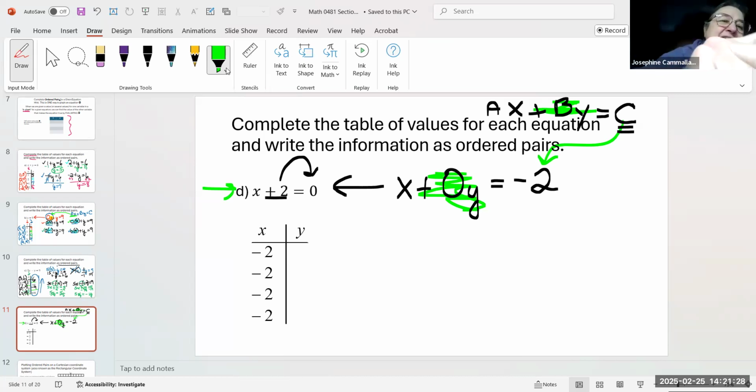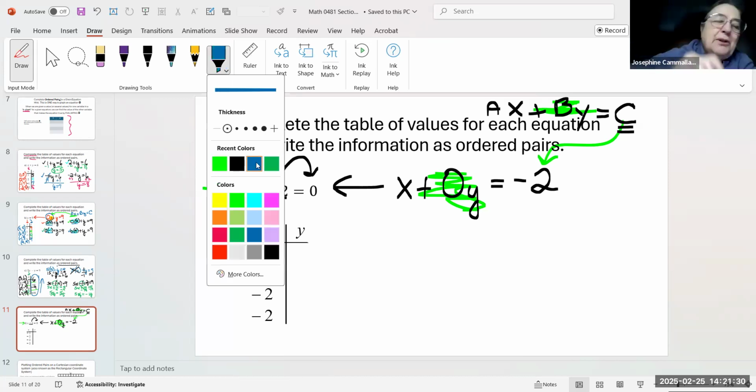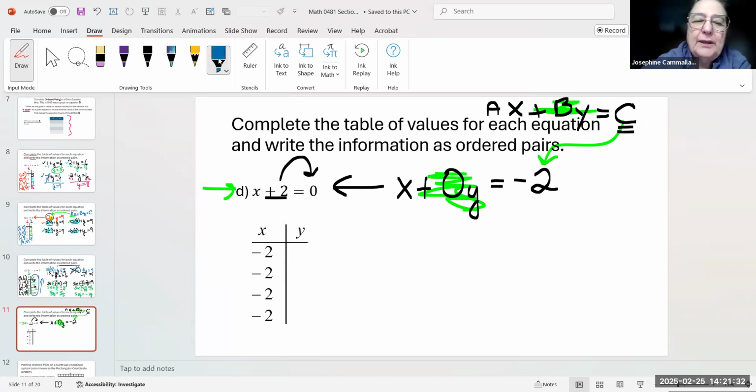Now, this is one that some people kind of wonder about, because this is going to give me -2 plus 0y is equal to -2. Well, what do you notice about this?